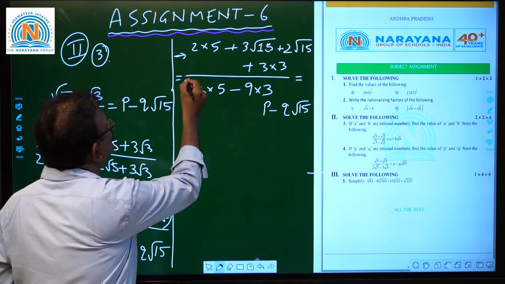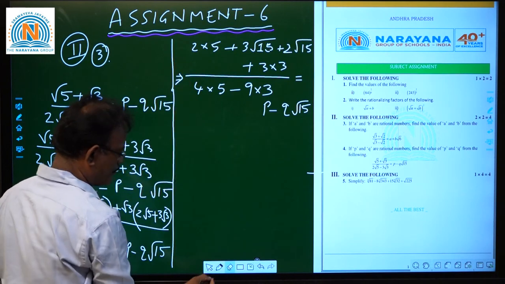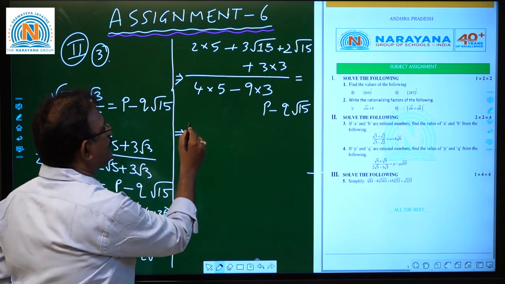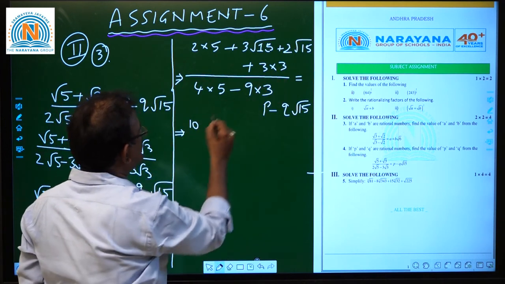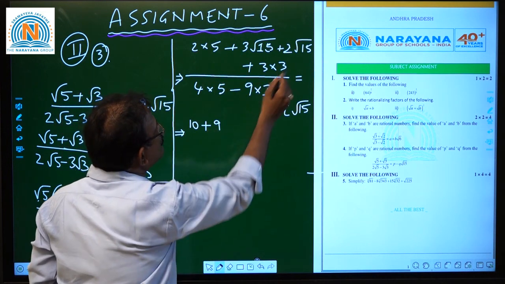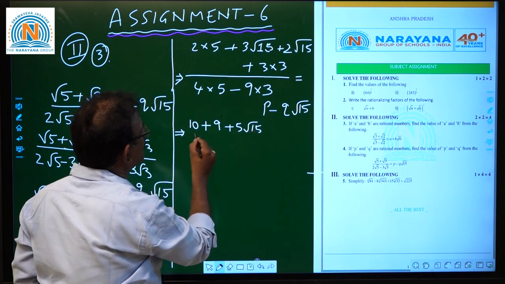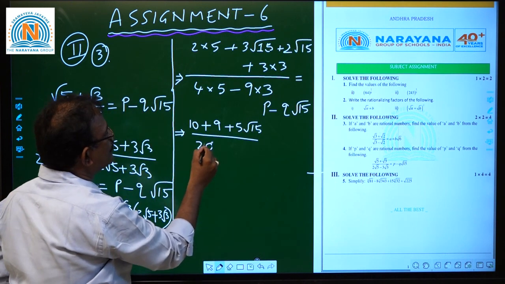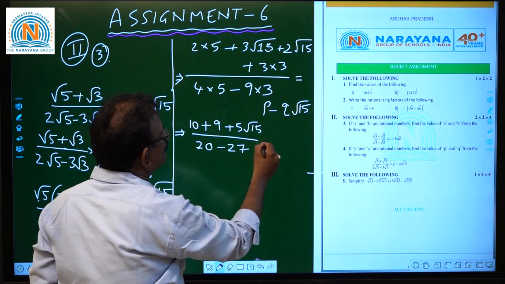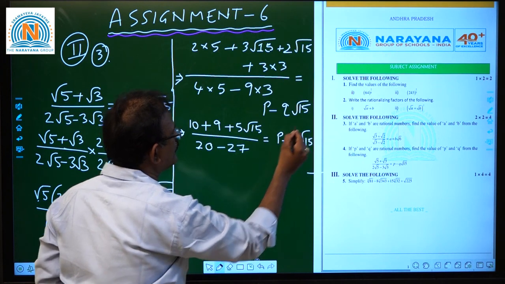Now, again, so 2 5s are 10, 3 3s are 9, again 3√15 plus 2√15, 5√15 by, so 4 5s are 20 minus 9 3s are 27 is equal to P − Q√15.